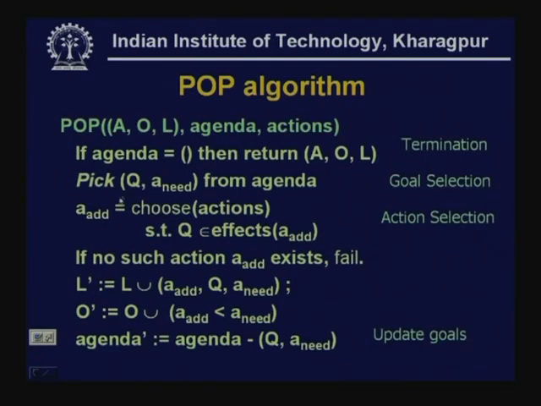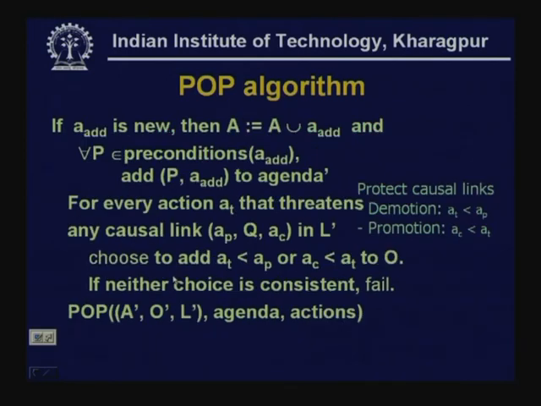So, initially I pick a goal, then I choose one of the actions, then corresponding to the action I update the goals, that is I remove Q A need from the agenda, then I add a new step, I find the preconditions of the new step, and for every action AT that threatens any causal link.